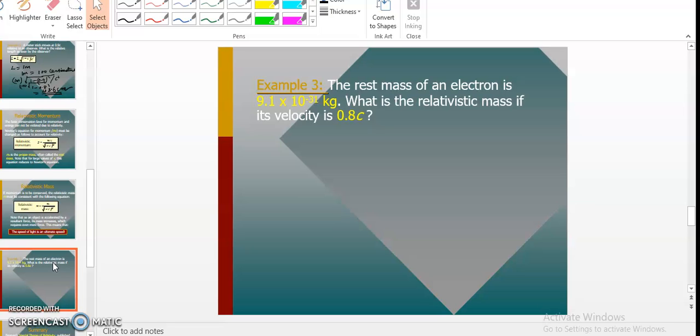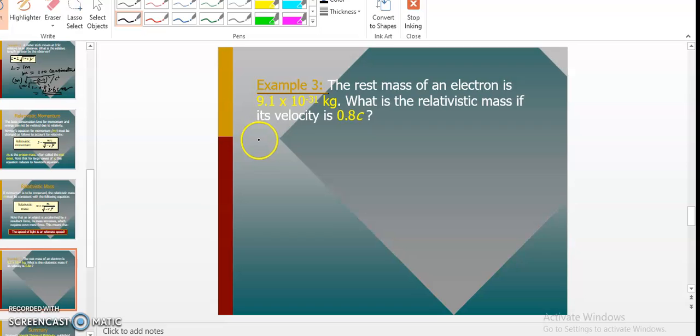The question says that the rest mass of an electron is 9.1 times 10 to the power negative 31 kg. What is the relativistic mass if its velocity is 0.8 speed of light? So we are given what we need to apply the formula.